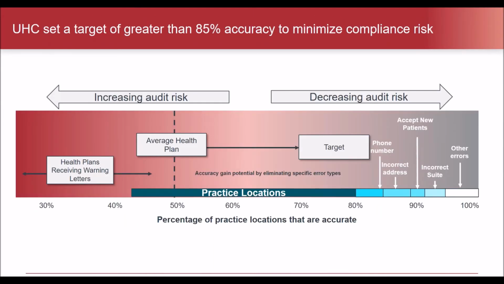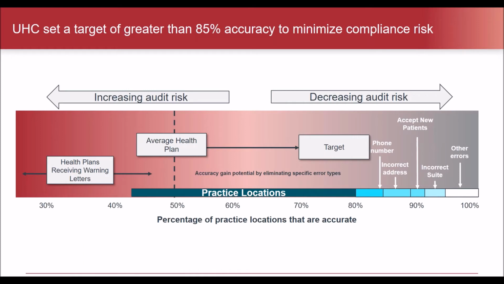So this is the same visual that you saw before, but United Healthcare had set a target of getting to over 85% accuracy in total. They felt like that was a safer zone to be in to be able to minimize and reduce audit risk. And they saw the same thing that we did, that reducing practice location errors, or where providers are not actually practicing at a location, held the most promise for maximizing accuracy gains.